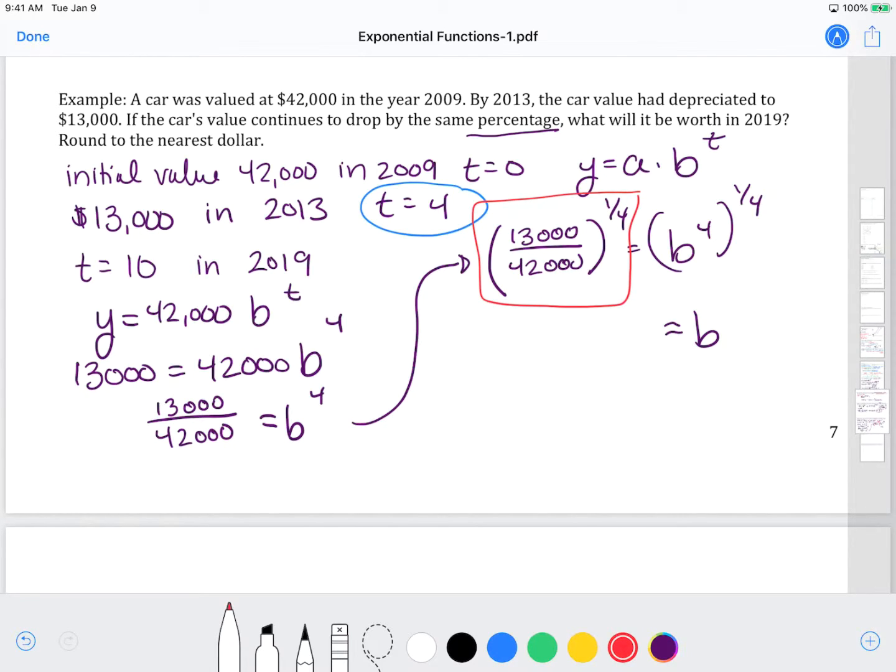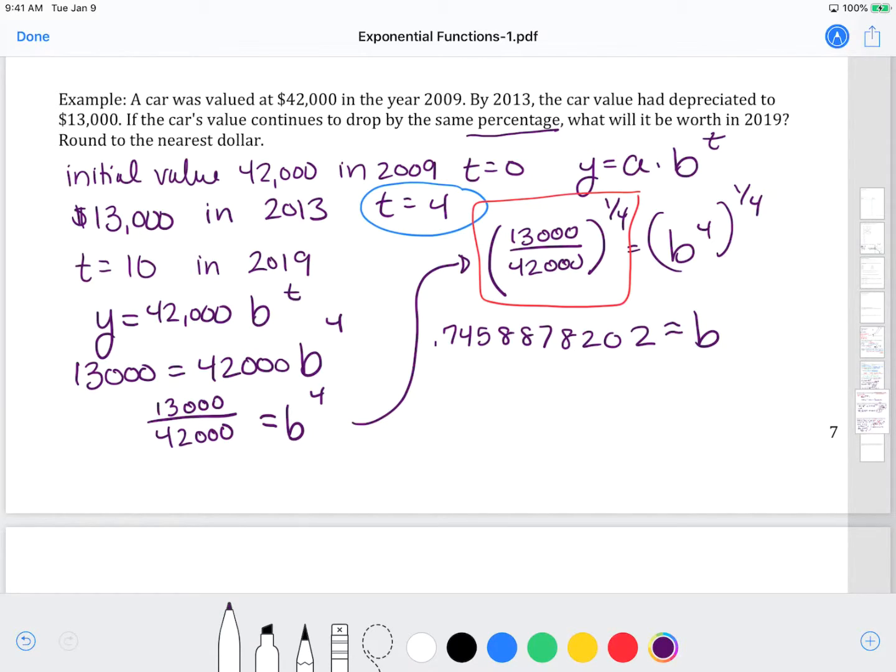I want to make sure I keep all the digits that the calculator gives me. When I put that in on the calculator, that's going to give me 0.74588788202. And that's all the digits that the calculator gives me, and I want to keep all of them.